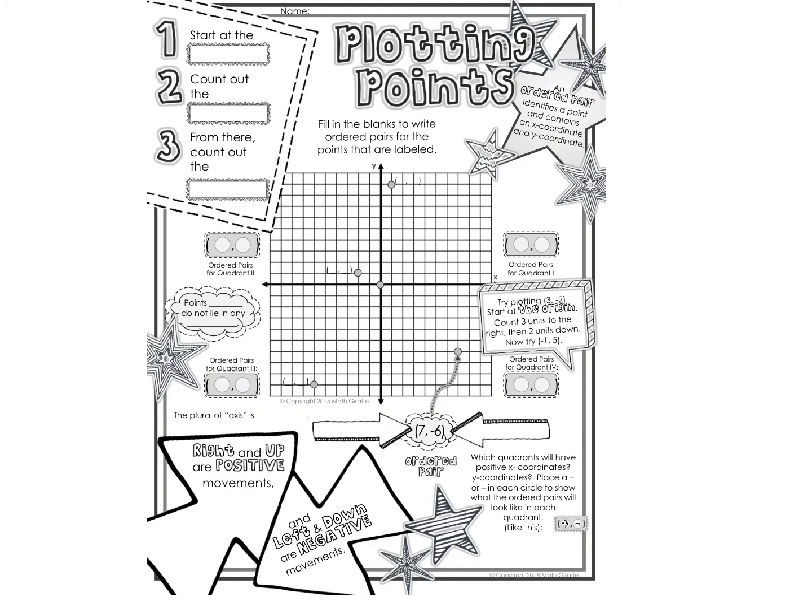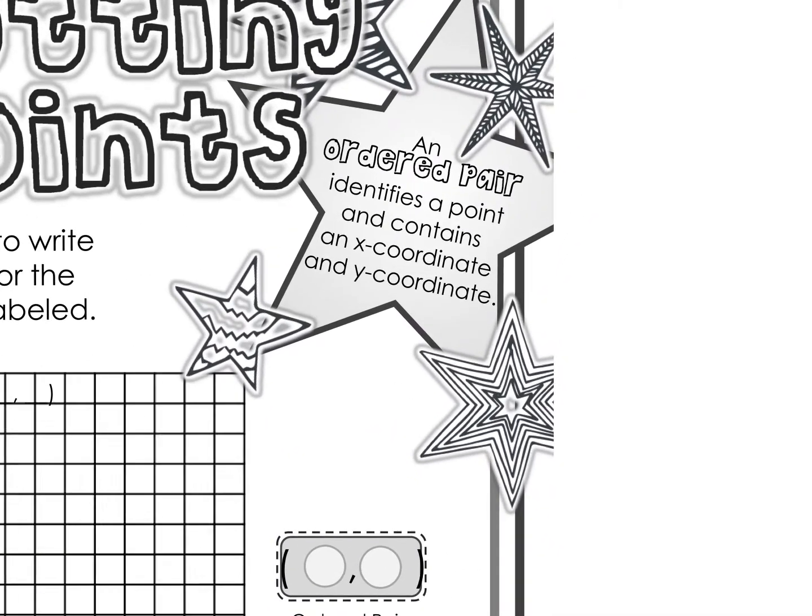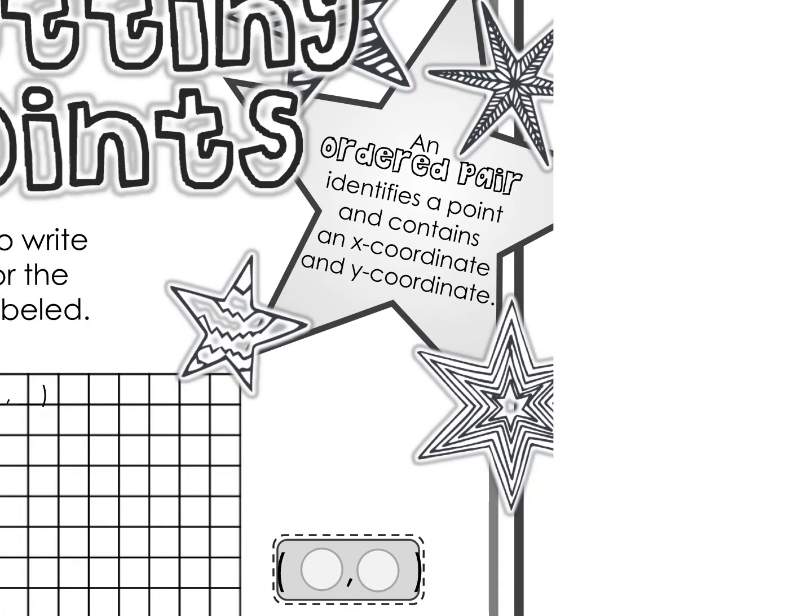Okay, now we're going to learn about how to plot points. Go ahead and look at the top right corner in the star. It says that an ordered pair identifies a point and contains an x-coordinate and a y-coordinate. Whenever we write an ordered pair, we always write them inside of parentheses.